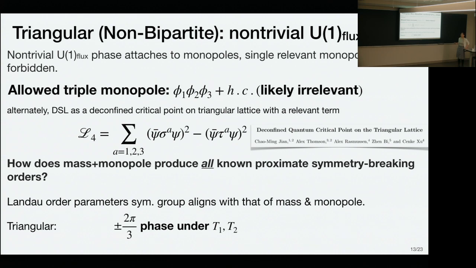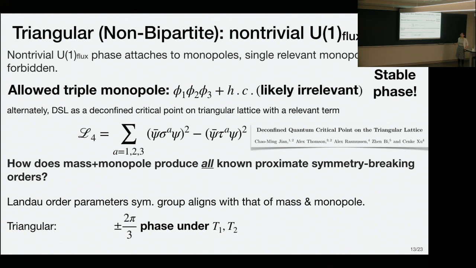For the triangular lattice, we find that the leading order relevant monopole operator is the triple monopole insertion. And this is likely to be irrelevant from the large N calculation. So it means that this Dirac spin liquid on the triangular lattice is likely to be a stable spin liquid phase.